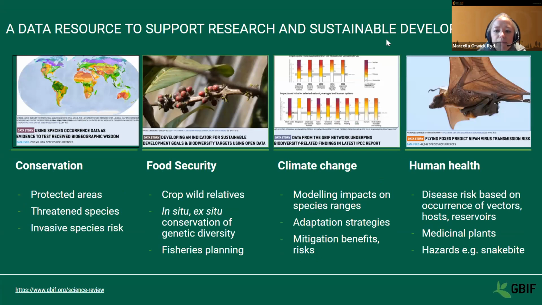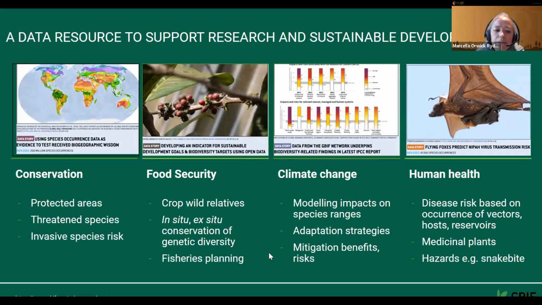And as well, besides the policy links, GBIF is quite important for supporting research and sustainable development. So for instance, within conservation: protected areas, threatened species, invasive species risk; within food security: crop wild relatives, in situ and ex situ conservation of genetic diversity, fisheries planning, the data is used there.